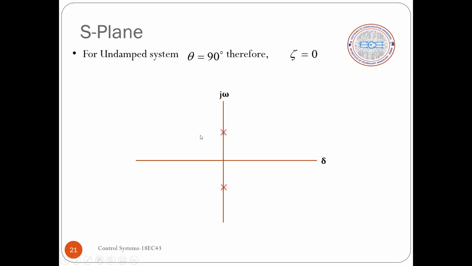That is the angle the pole makes with the negative real axis, which we call theta. For overdamped and critically damped systems, you have theta 0, so zeta will always be greater than or equal to 0.